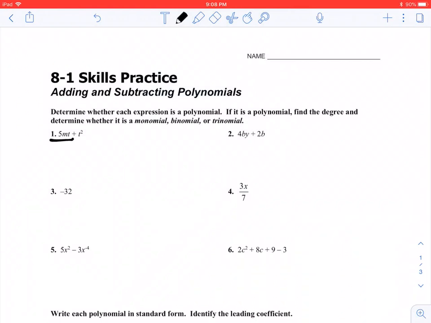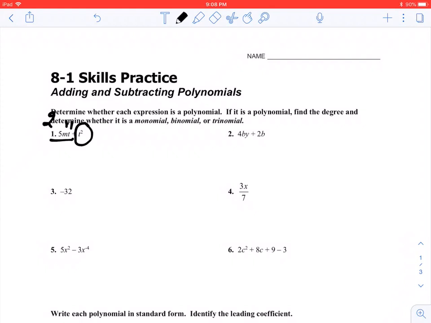So this term right here, this 5mt, this is m to the first, t to the first. There are 2 first powers there. Those 2 would add up to a 2. So this first term that's underlined, its degree would be 2. Well, this t squared right there also has a power of 2, and that's the only power.